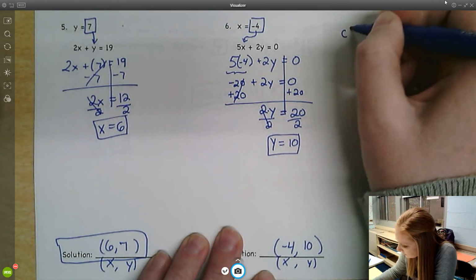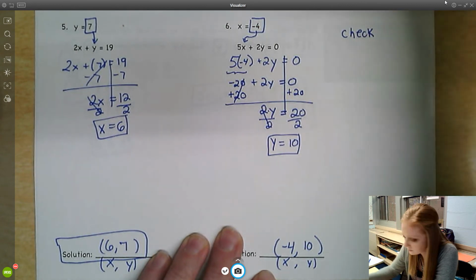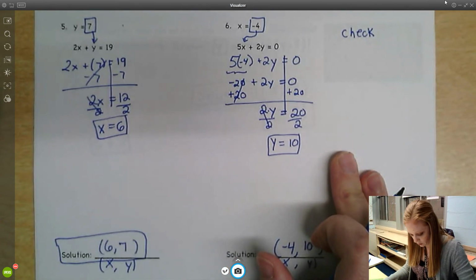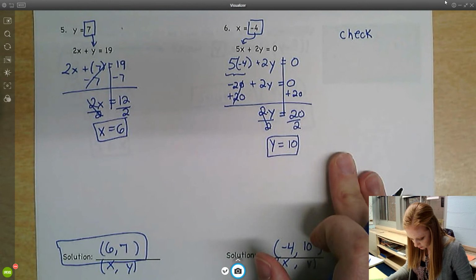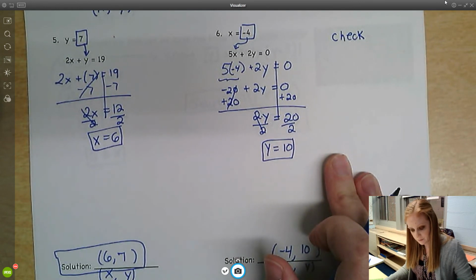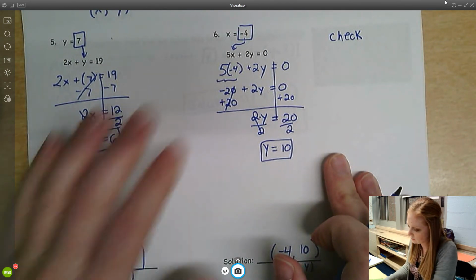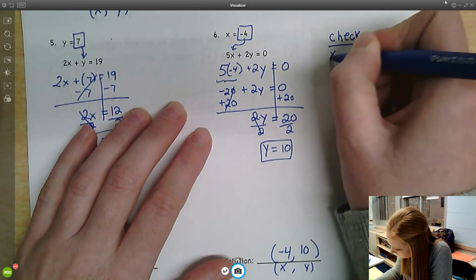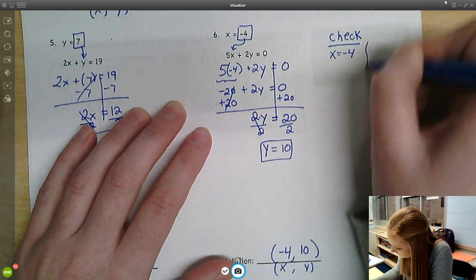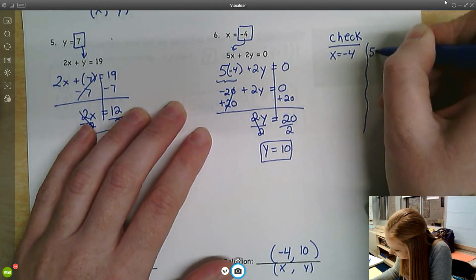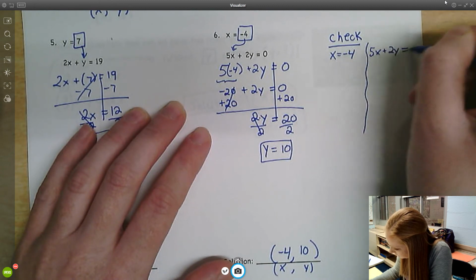And I will check this one. So to check it, we're going to rewrite both originals. Okay, yeah, this is our last one, so we'll just check this one as our last one. So x equals negative 4, and then 5x plus 2y equals 0.